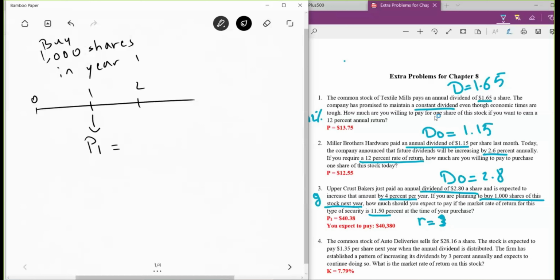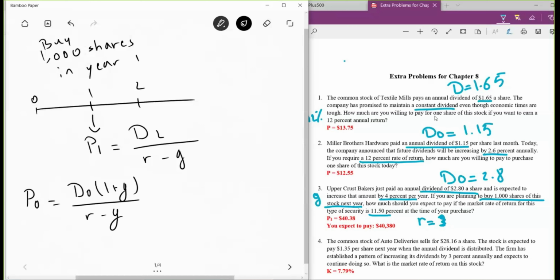I can either say that P1 equals D2 divided by R minus the growth rate, or I can compute P0, which is D0 into 1 plus the growth rate divided by R minus the growth rate.